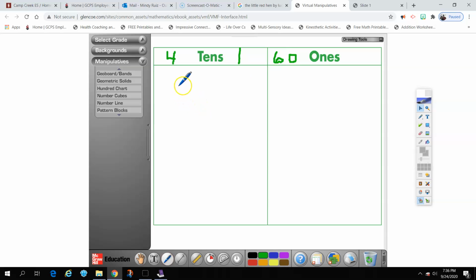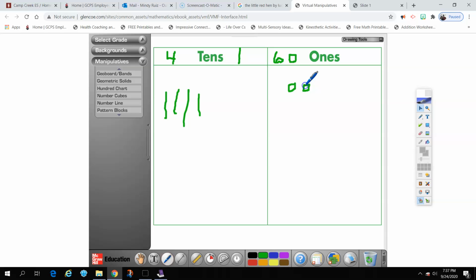Okay, so now I know I need to draw 4 tens. And remember, the tens are lines. So I'm going to draw 4 tens. And then I'm going to draw my ones. That's going to be 6 ones.